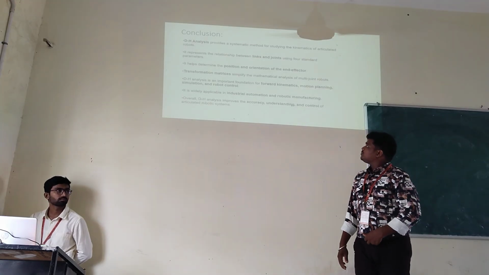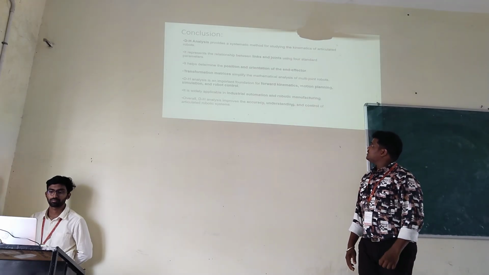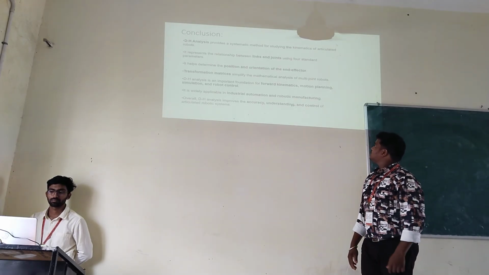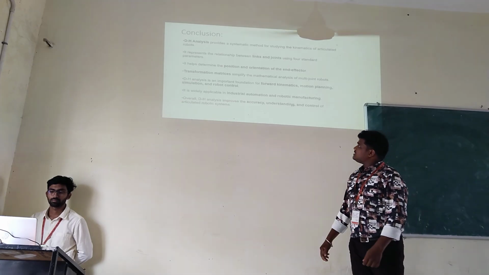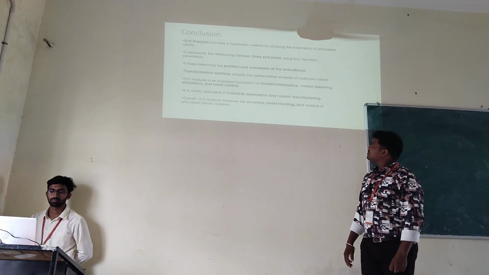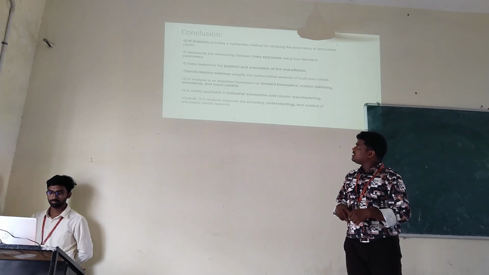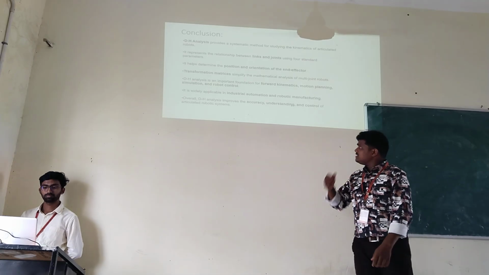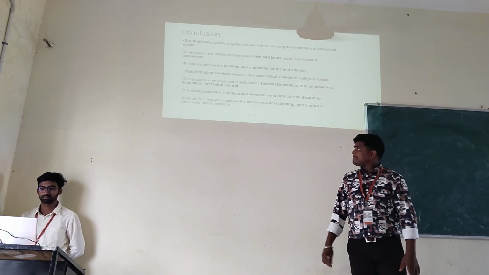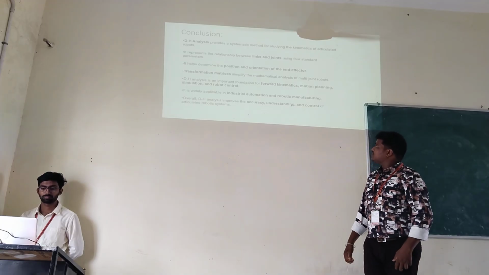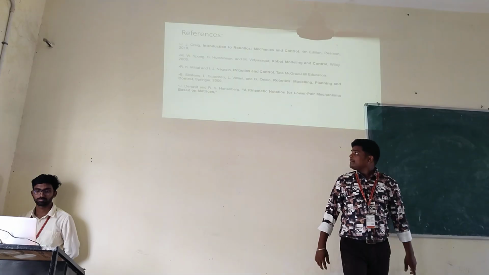It helps determine the position and the orientation of the end effector. Transformation matrices simplify mathematical analysis of multiple links. DH analysis is an important foundation for forward kinematics, motion planning, simulation, and robot control. It is widely applicable in industrial automation and robotics manufacturing. Overall, DH analysis will improve accuracy, understanding, and control of robotic systems.